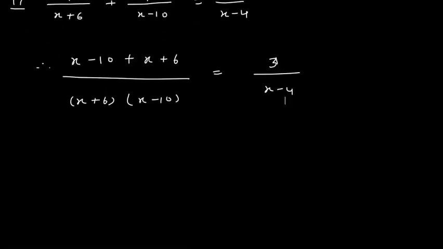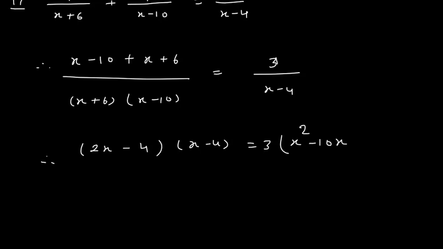So therefore this is x plus x is 2x, minus 10 plus 6 is minus 4. Then we multiply this x minus 4 on left hand side, and on right hand side 3 will be multiplied by this product. So we expand the product. x into x is x square, x into minus 10 is minus 10x, then 6 into x is plus 6x, and then 6 and minus 10 is minus 60.